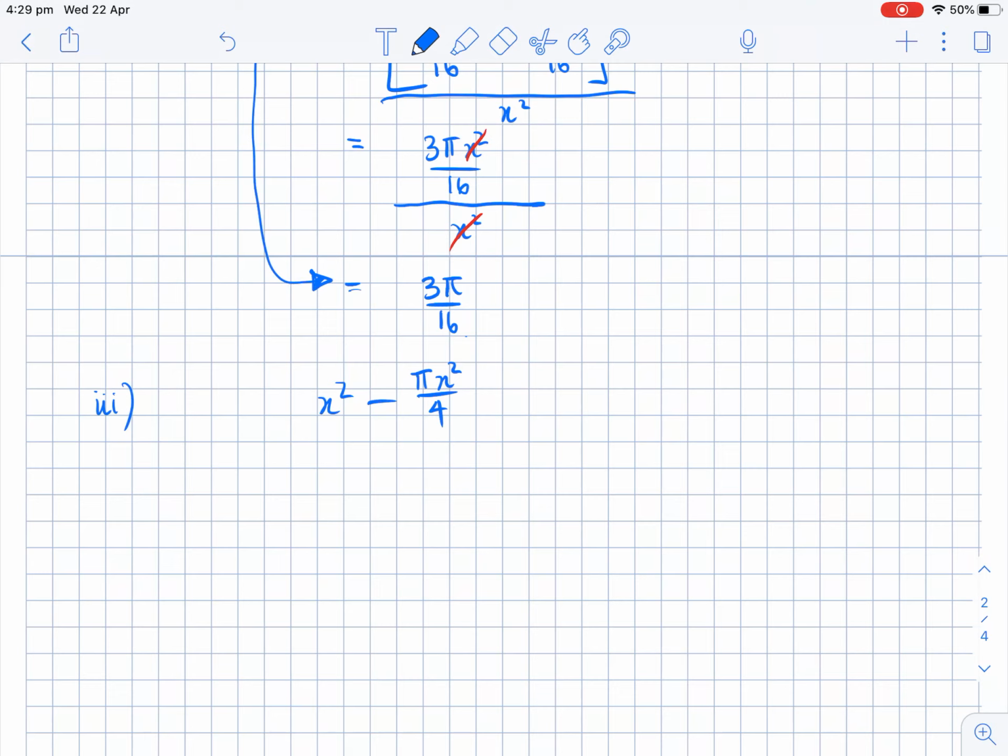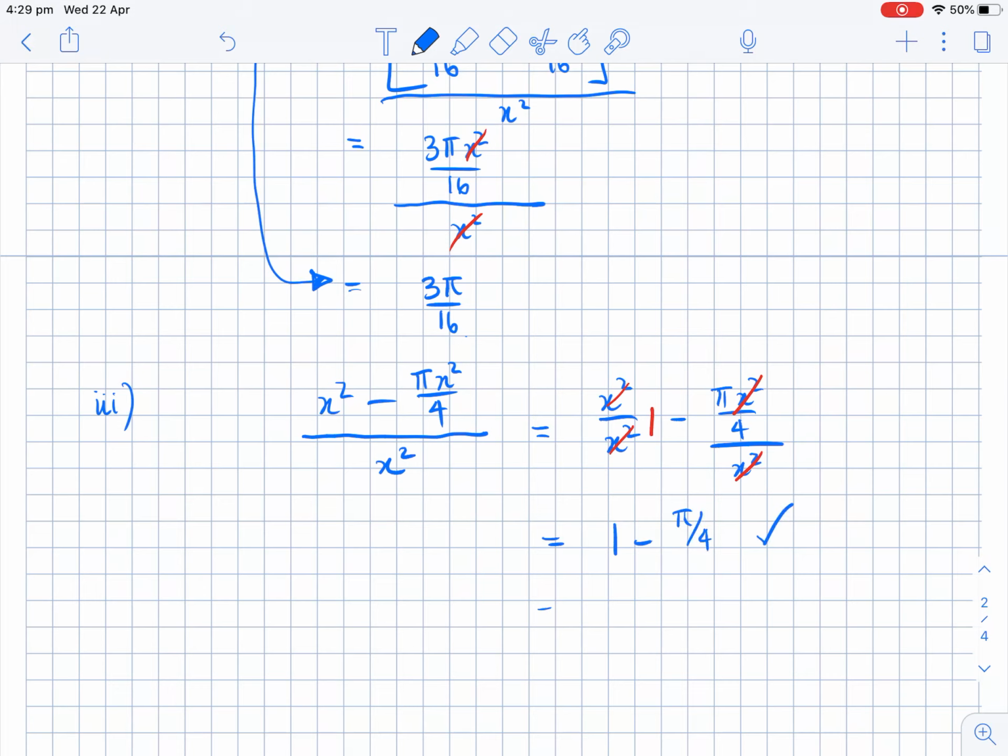So then that's the ways I can be successful, divided by x squared. I can do some shortcutting here. I'm just going to write it as x squared over x squared take away pi x squared on 4 divided by x squared. And then that allows me to quickly do some cancelling out. That will cancel out with that. That will cancel out with that and leave me with 1. So then I get 1 minus pi on 4.